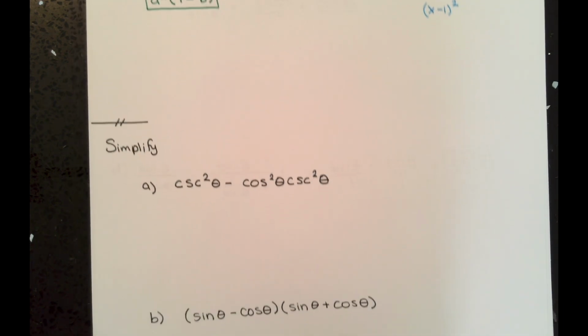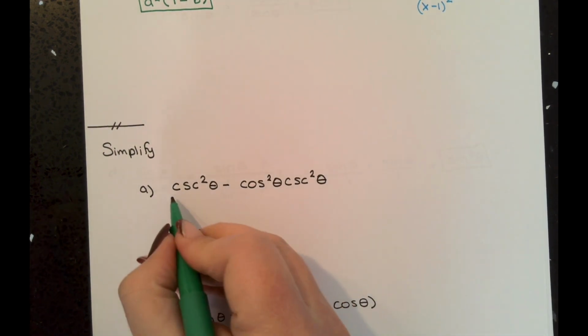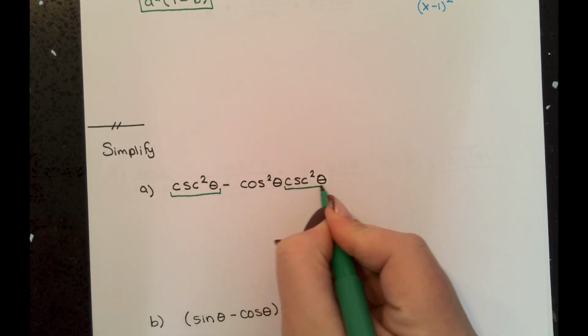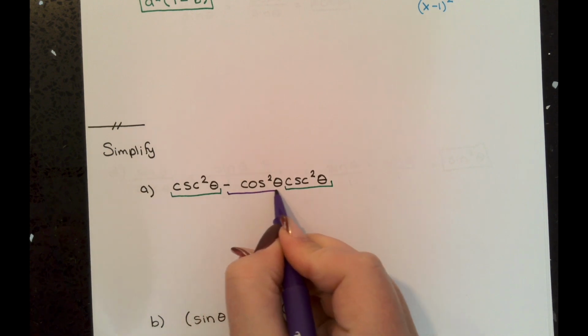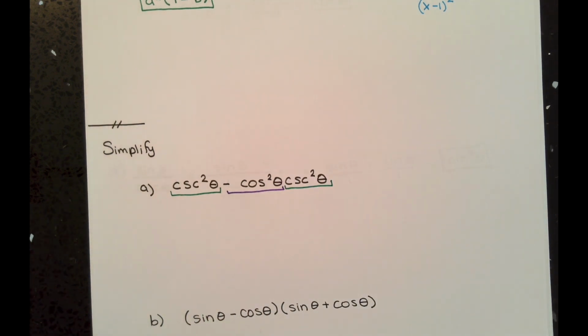So let's see examples here. Example A: we have a cosecant squared of theta, we see that exact same cosecant squared of theta here, and we have a minus cosine squared of theta. But Ms. Romadez, you said to change it into terms of sine and cosine.